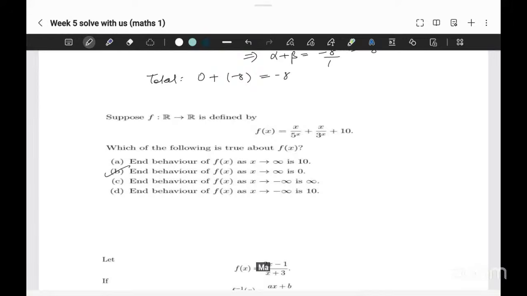Ma'am, option A. I also think option A is correct. Option C, ma'am. Option A is correct. Option C. Option C.